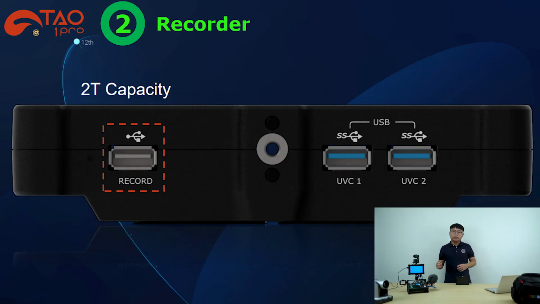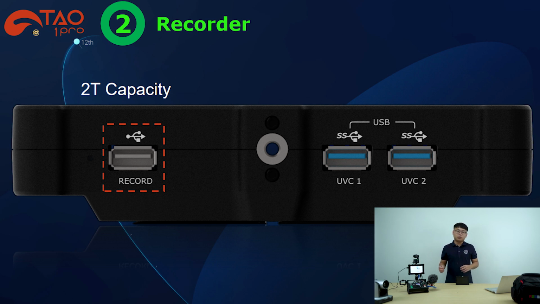And in remote training, the streaming process cannot ensure that all the students can absorb all the information of the current course in real time. So students need to do review and discuss it with teachers. So with USB 2.0 ports on Taiwan Pro, Taiwan Pro can record the contents in real time.